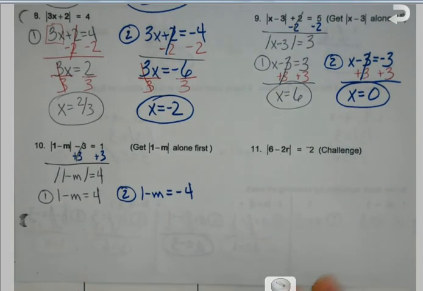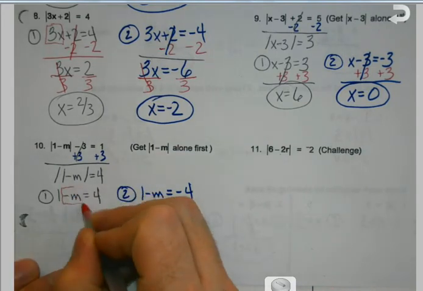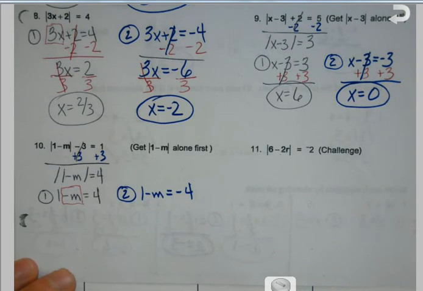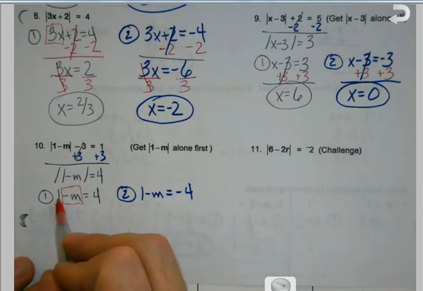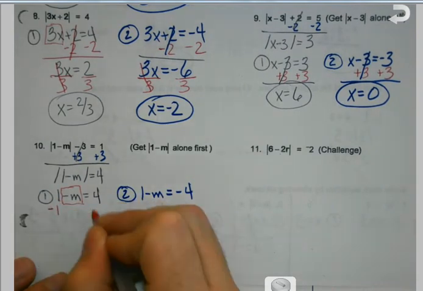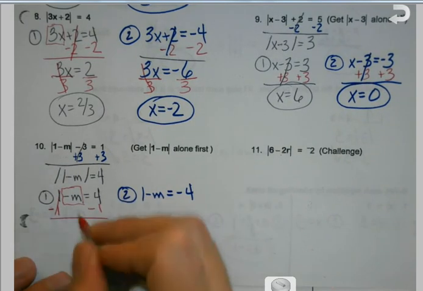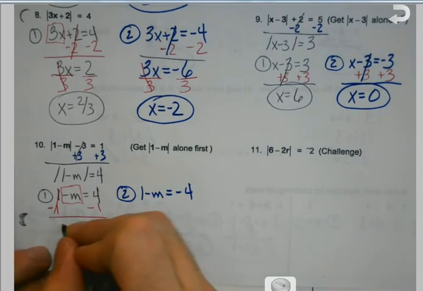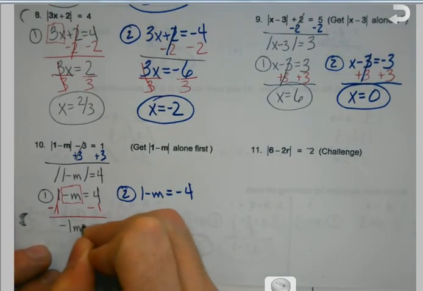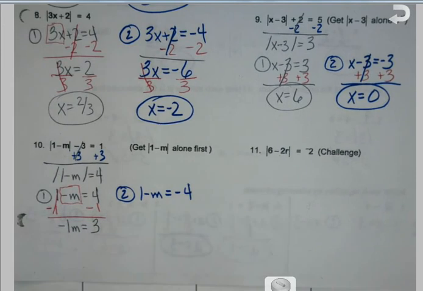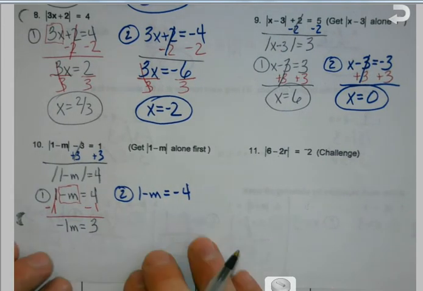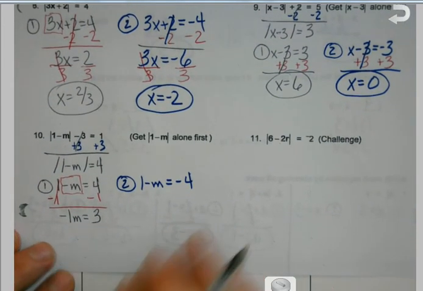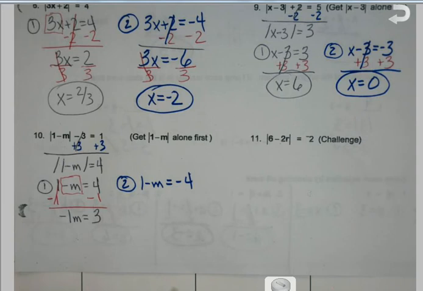Now here's the only thing that's tricky on this one. What I'm trying to do is get m alone, but it's got that negative stuck to it. So right now I'm adding 1 to it. So my first thing's got to be that I got to minus the 1. Then my other part to remember, oh yeah, that m's not positive yet, so I actually got one more step that I got to do with this.